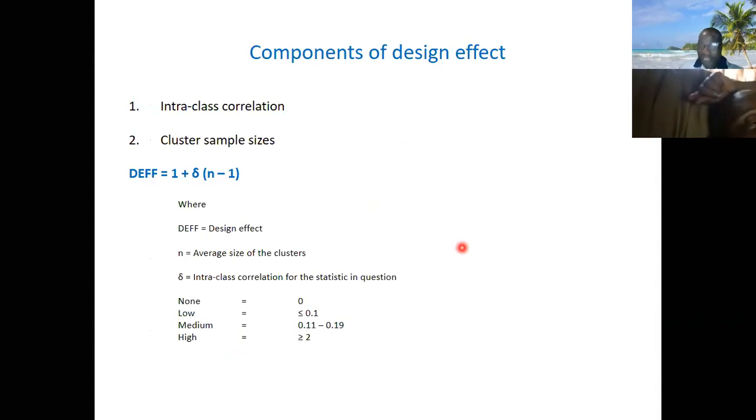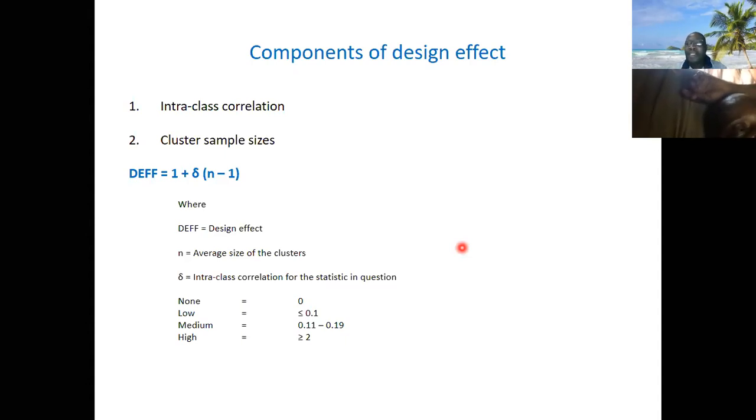Components of this design effect. The design effect is actually the variance you observe in a cluster sample compared with what you would have observed if you had used simple random sampling.